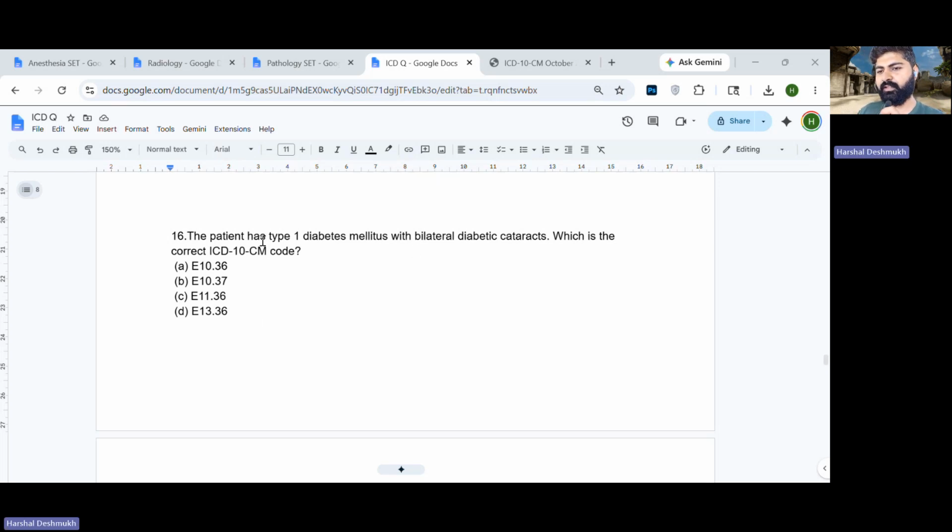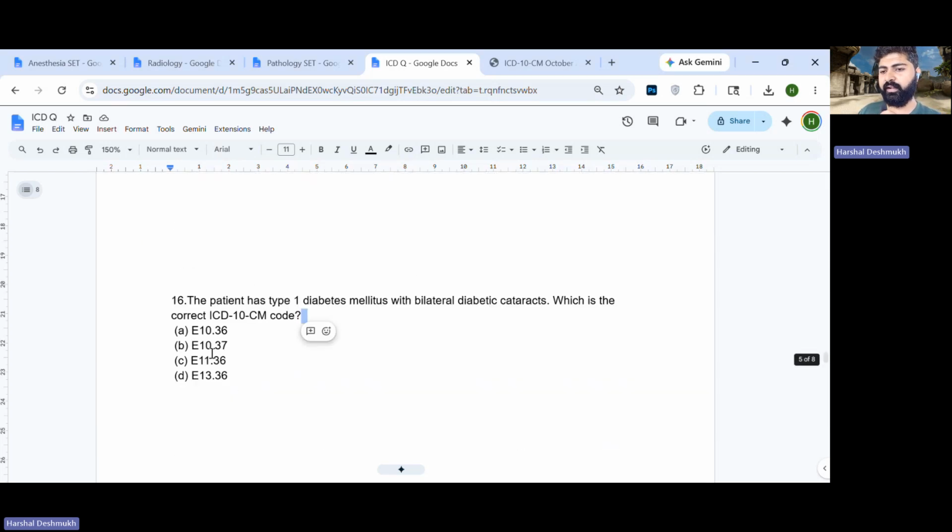The answer to this one: since it's type 1 diabetes, that would mean it's option A or B. Since it's bilateral diabetic cataract, it's option A, E1036.